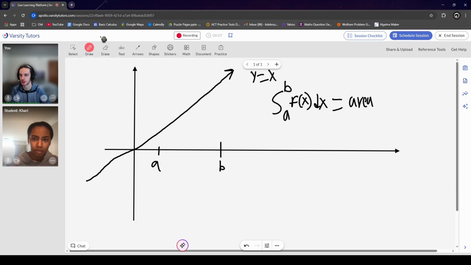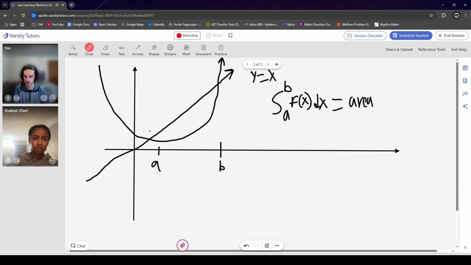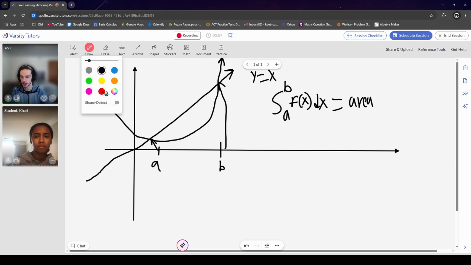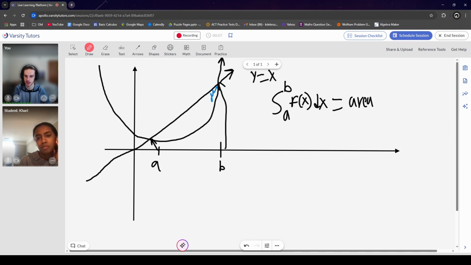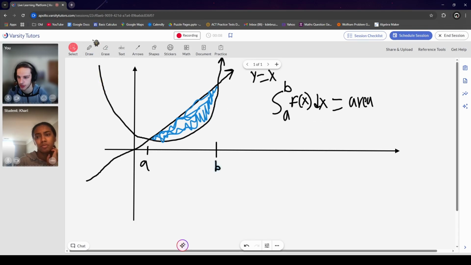If we have multiple functions, like let's say we have an x squared graph that intersects at a and intersects here at b, and we wanted to calculate, I'm going to put it in blue, this area right there. Right now, our only tool available is just the standard integral, so we don't know yet exactly how. This is the area between curves.